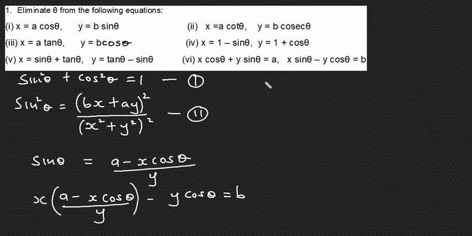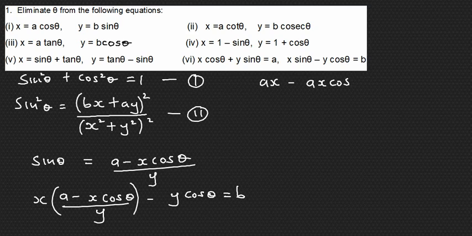I will get ax minus x squared cos theta.